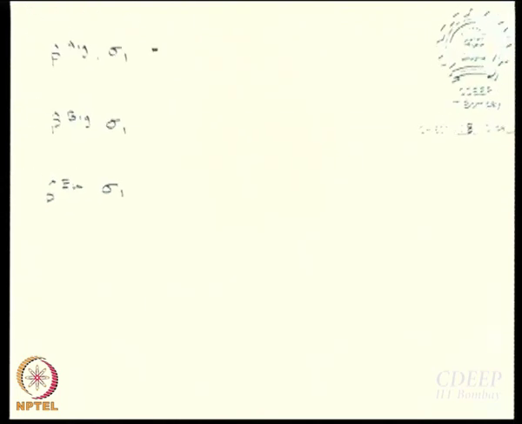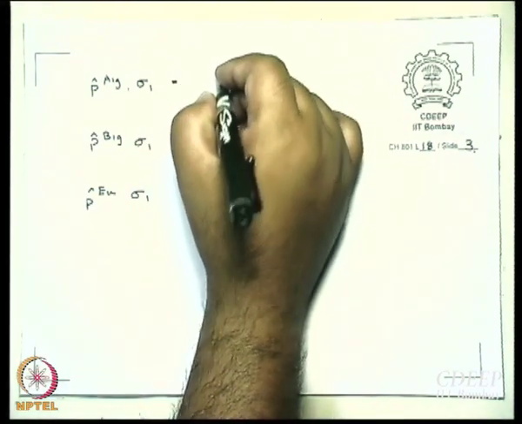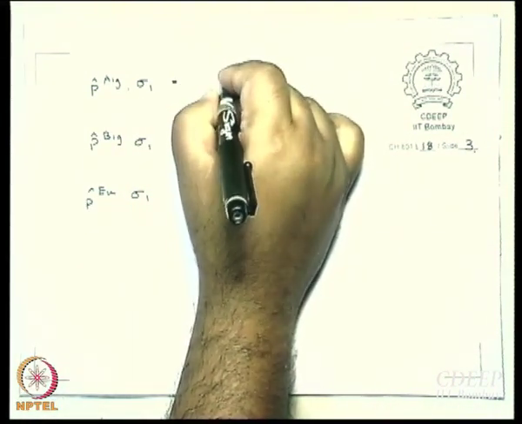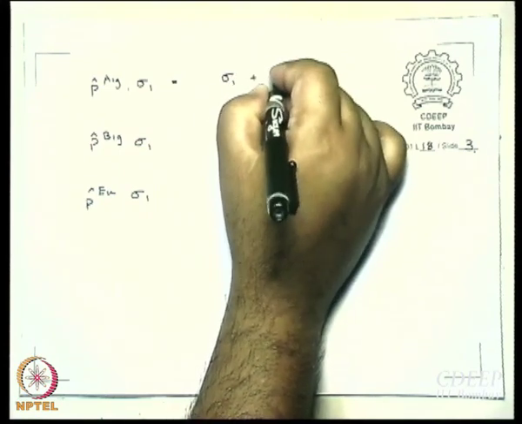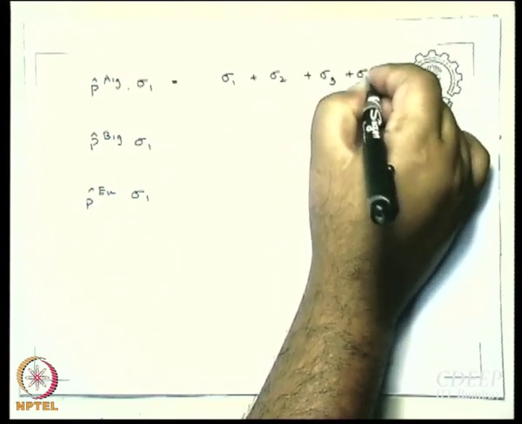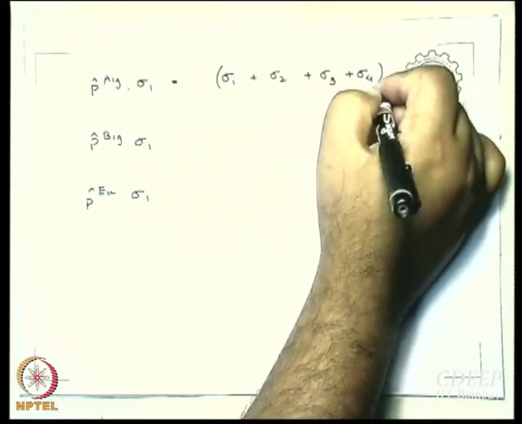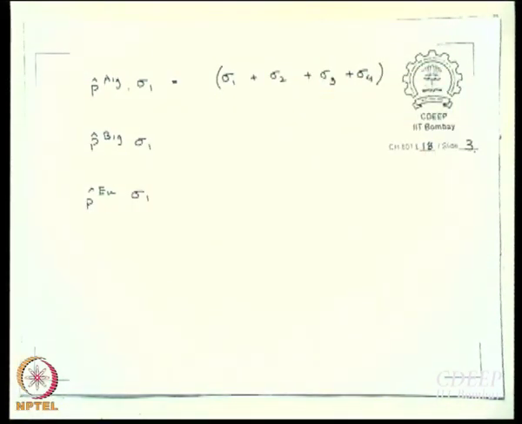But that 4 is not relevant, isn't it? The relevant part is sigma 1 plus sigma 2 plus sigma 3 plus sigma 4, and normalization is something that we can now do as mental arithmetic. If it is to be normalized, what should be the coefficient? Multiplied by itself, what do you get?